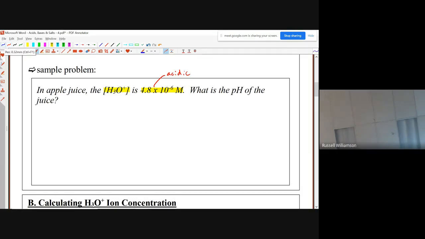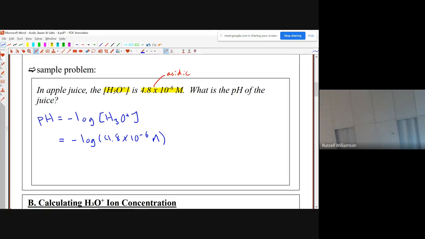So, a super simple calculation here. My pH is the negative log of my hydronium concentration. So that would be the negative log of 4.8 times 10 to the minus 6 moles per liter. Now, this is the reason I had you grab my calculator.